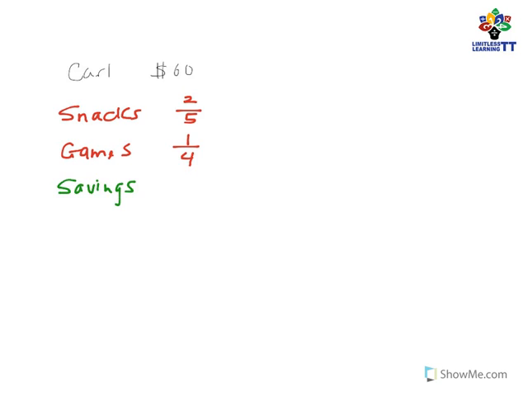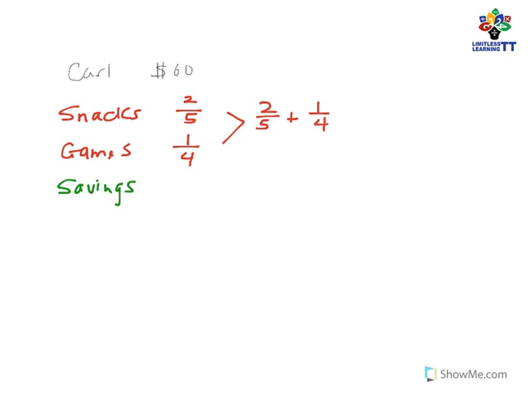When we're talking in terms of fractions, Carl started off with 1 whole. He gave 2/5 for snacks, 1/4 for games. So first we're going to add up snacks and games. So snacks and games is 2/5 plus 1/4.